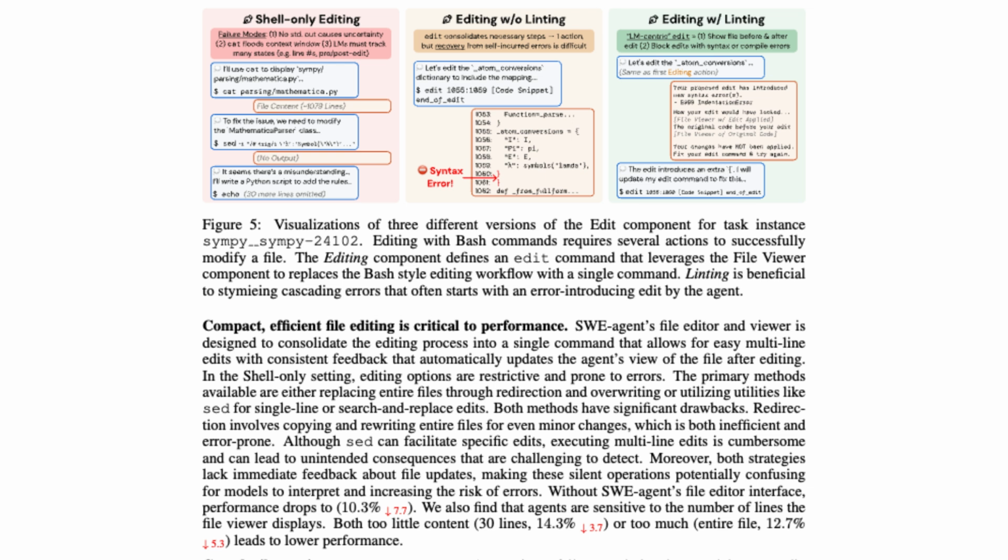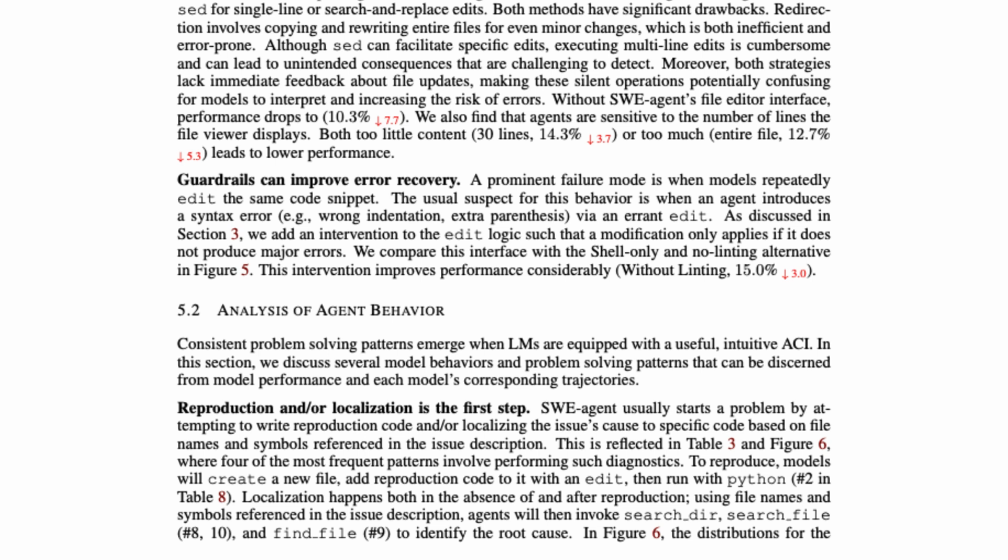Moreover, both strategies lack immediate feedback about file updates, making those silent operations potentially confusing for models to interpret and increasing the risk of errors. Without SWE-agent's file editor interface, performance drops. We also find that agents are sensitive to the number of lines the file viewer displays. Both too little content or too much leads to lower performance.